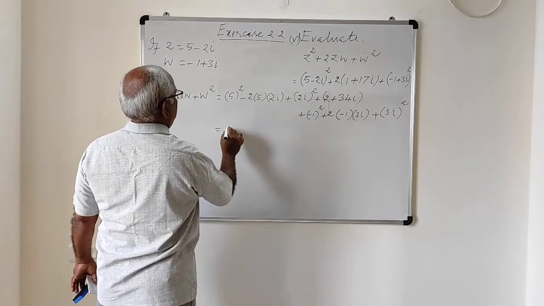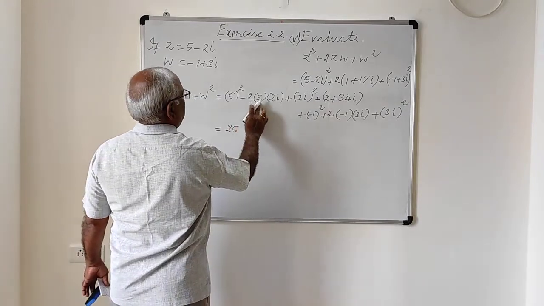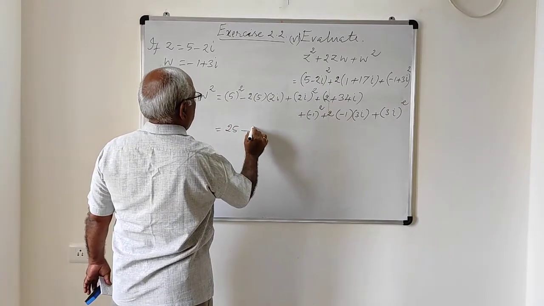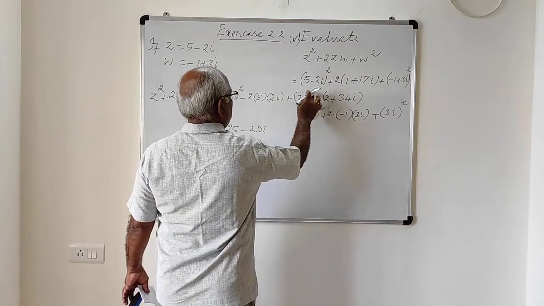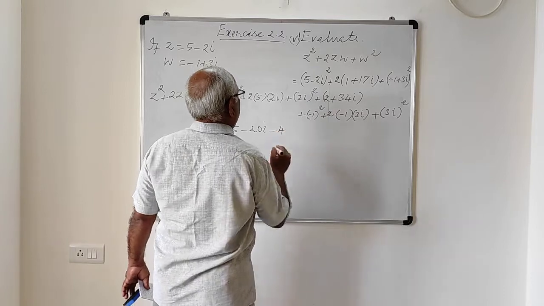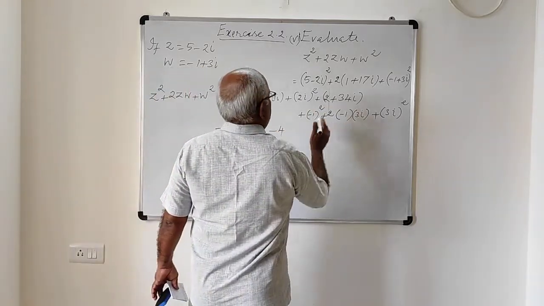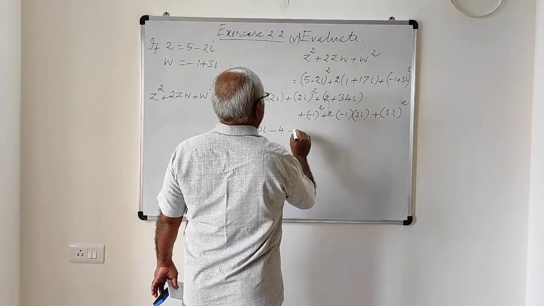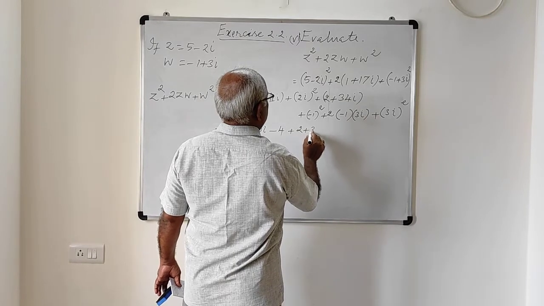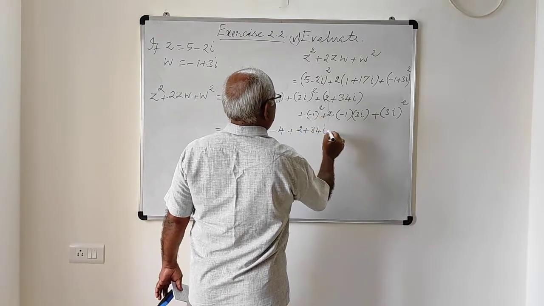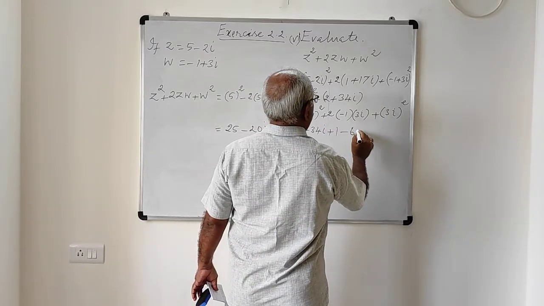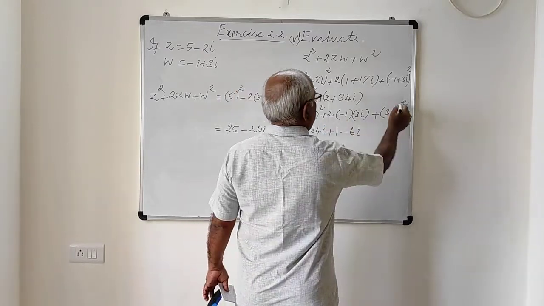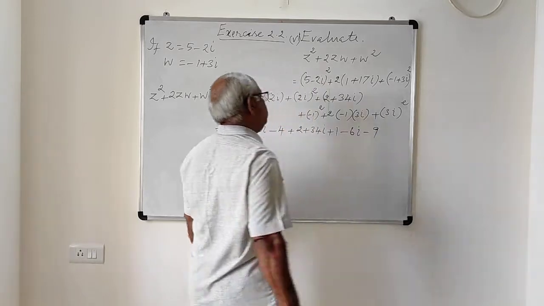Simplification, you get 25. 2 5s are 10, 10 into 2, minus 20i. i square is minus 1, 2 square is 4, so minus 4. This is plus 2 plus 34i. Again minus 1 square is plus 1. Here minus 2 into 3, minus 6i. i square is minus 1, 3 square is 9.